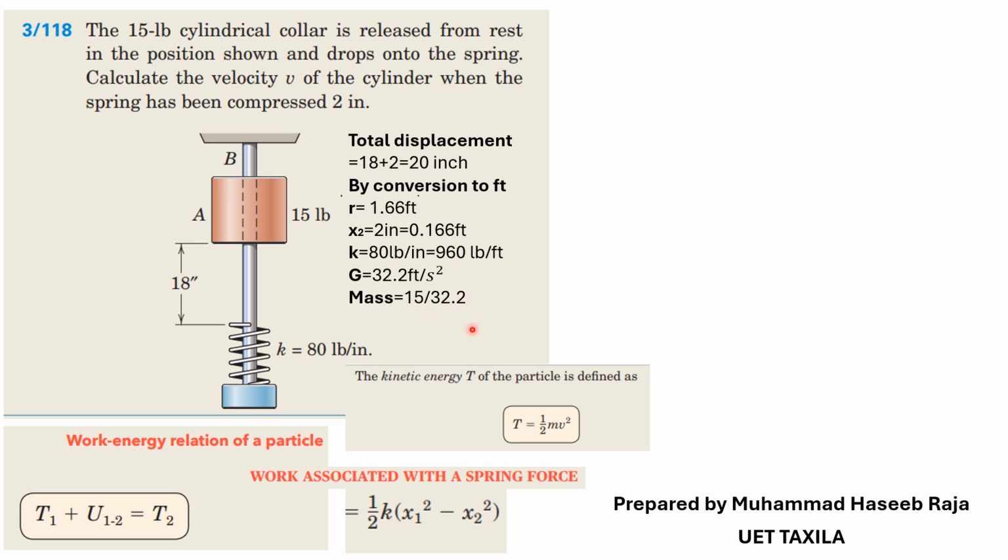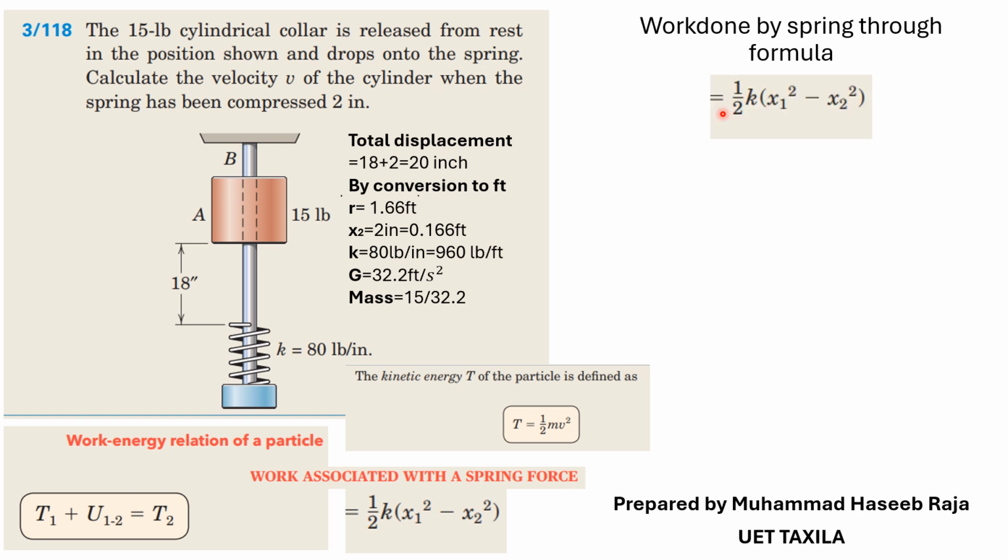So we solve our problem simply using the work done by the spring. By putting the values in this, we get the work done by the spring, which is negative. It shows the work done is negative, not the magnitude. Now we find the work done by the collar. By force multiplied by total displacement, we get 24 pound-foot.